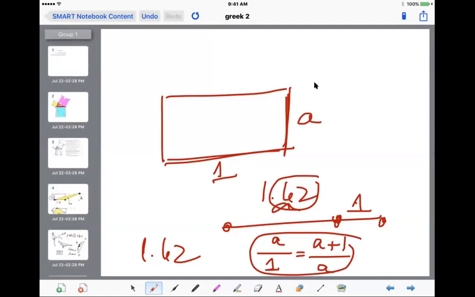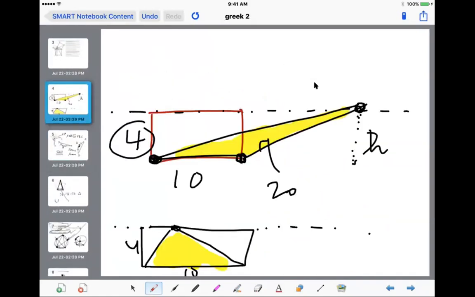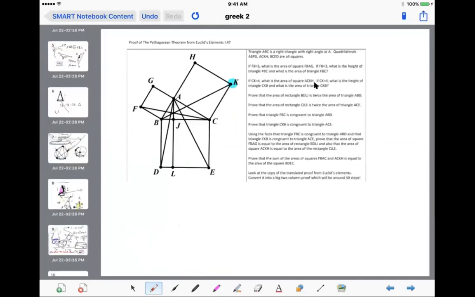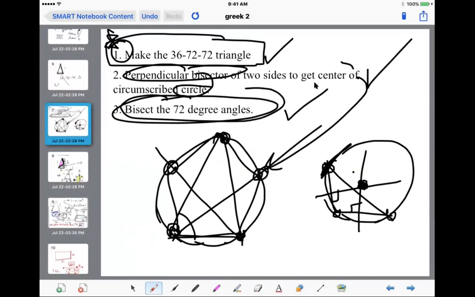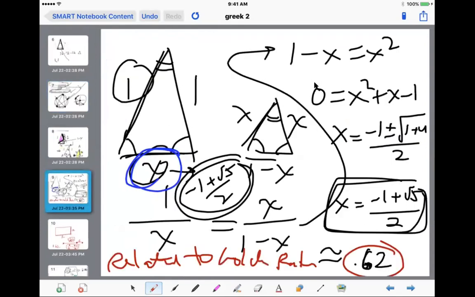But the main thing so far from today is that you have an understanding of the basic idea of the Pythagorean theorem proof, just the gist of it and what the plan was, and that a pentagon has a hidden 36, 72, 72 triangle, which, almost by some kind of luck, we can calculate the proportions of using similar triangles.